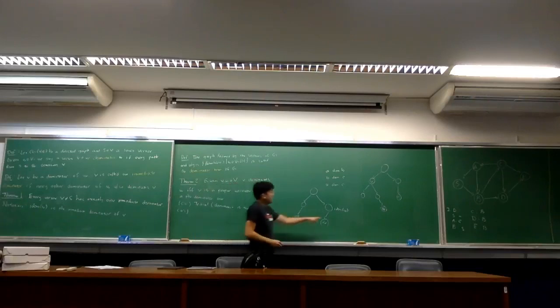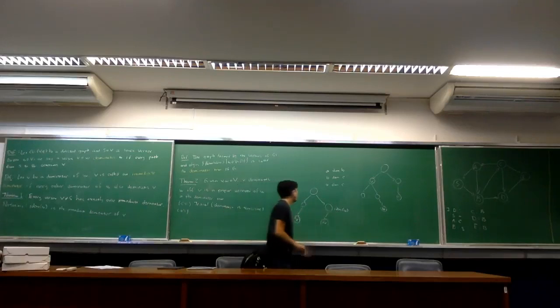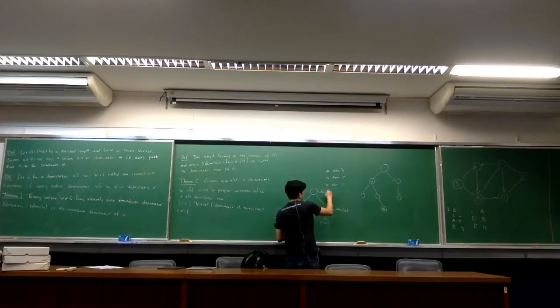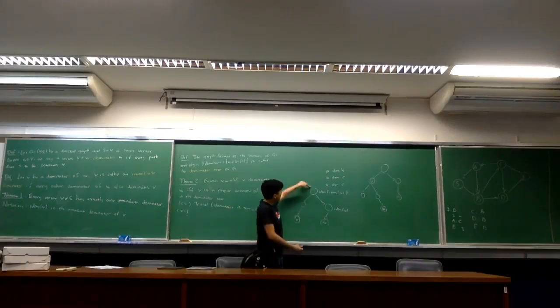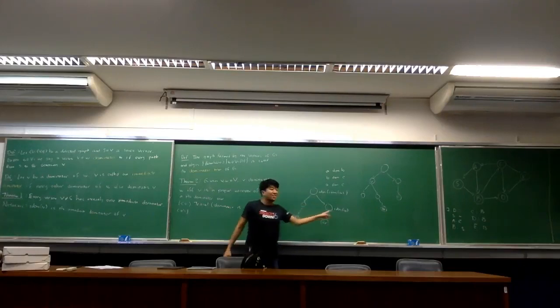By the definition of immediate dominator, if V dominates W, then V must dominate this guy as well. But this guy is the immediate dominator. For the same reason, if V dominates this guy and this guy is the immediate dominator of this guy, then V must dominate this guy, by the definition of immediate dominator.